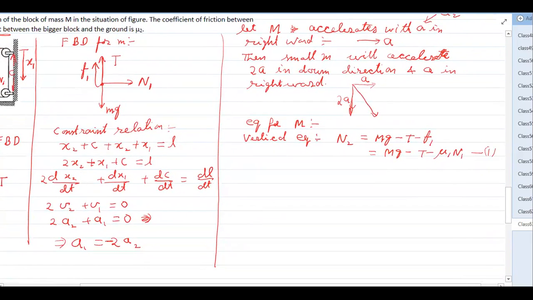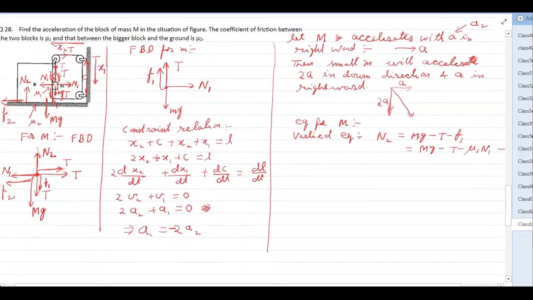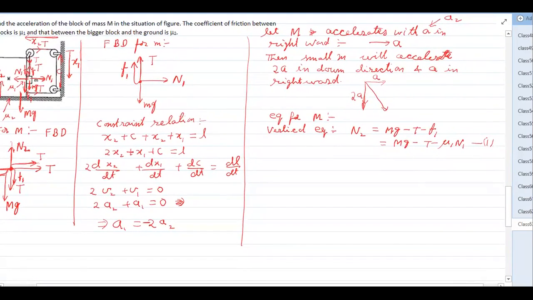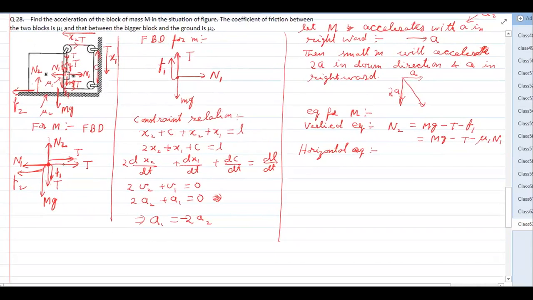Now we can write another equation, for horizontal. So the horizontal equation will be how much? It is T forward, and N1 and F2 backward. So 2T in the forward direction minus N1 minus F2.